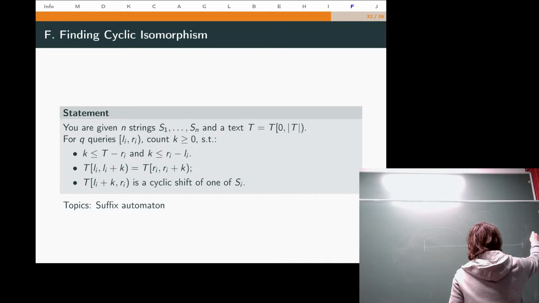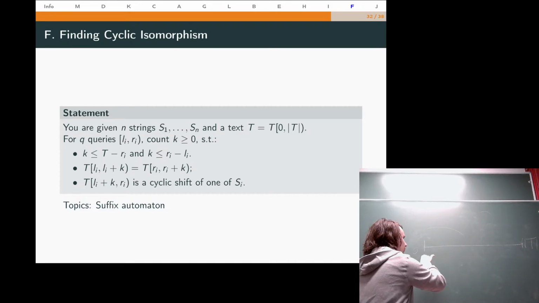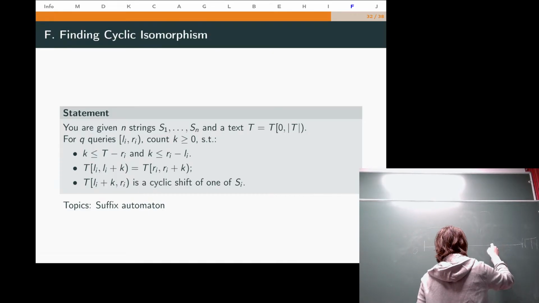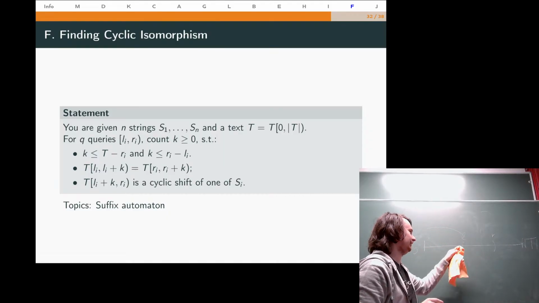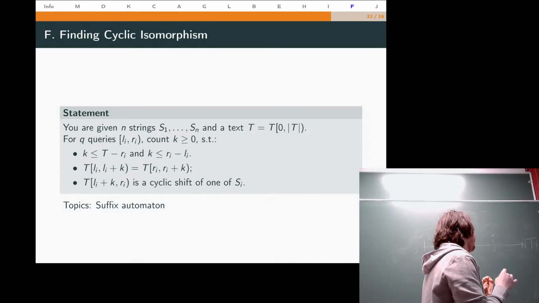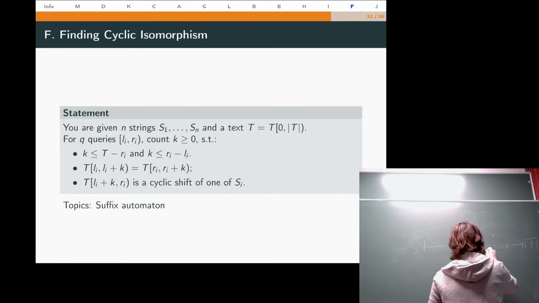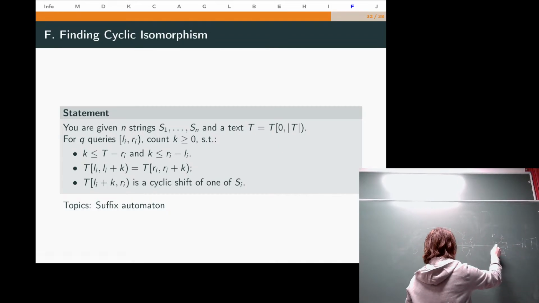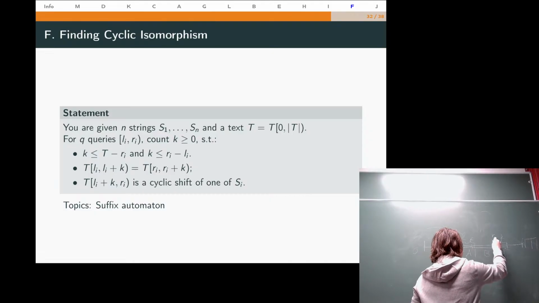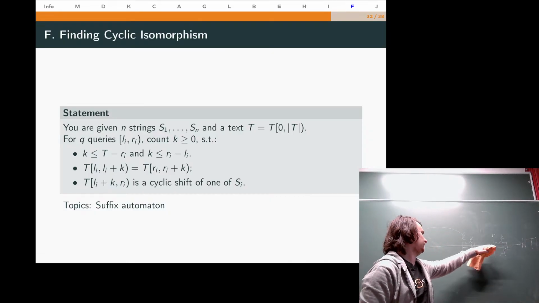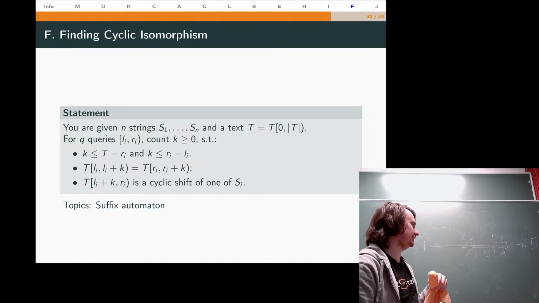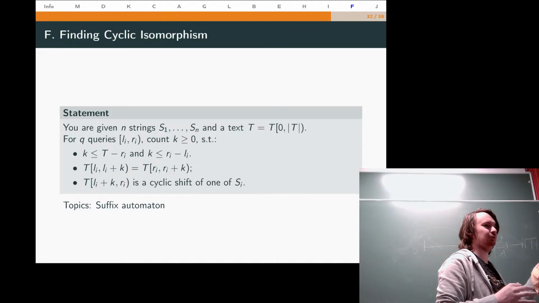Let's say that this is our whole text key, and we are given some half open interval from L to R. So what we need to do is find some k such that these two things of length k are equal, and then if you consider this string b that goes from r minus k to r, then this string b must be a cyclic shift, so it must be cyclically isomorphic to one of the input strings s1, etc., sn.